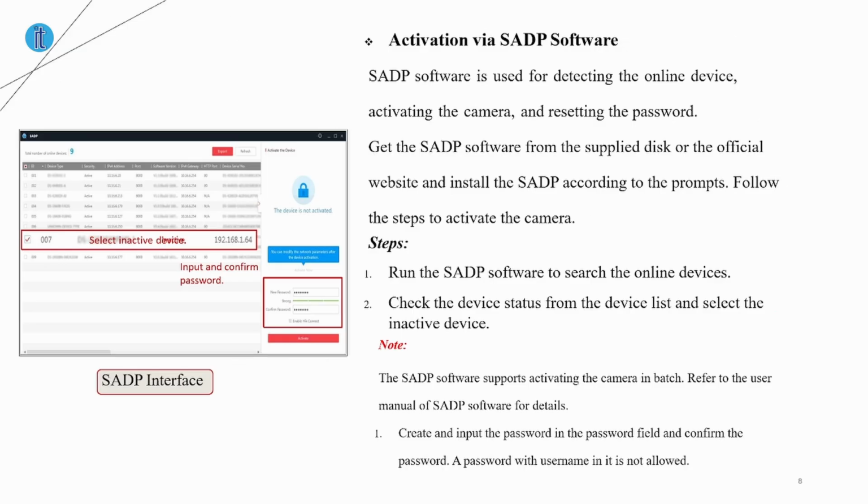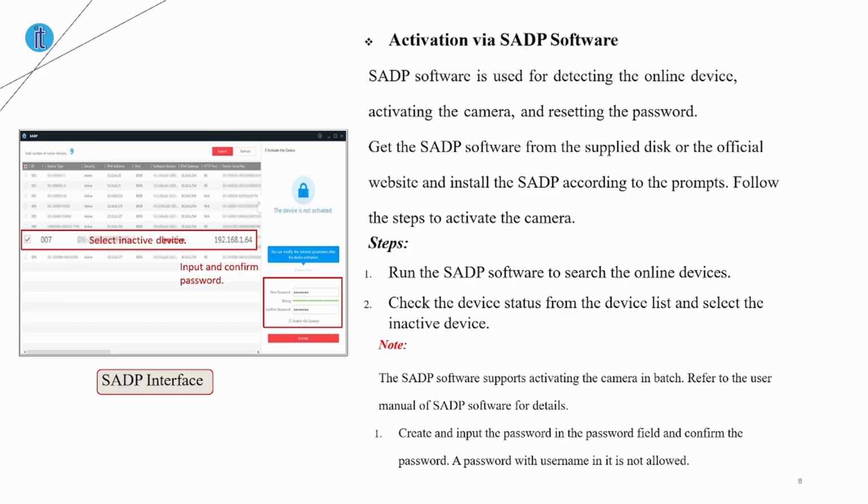Now, activation via SADP. Since we have talked about activation through the web interface, that is the web browser, your Internet Explorer, now we move on to SADP. How do you activate your Hikvision camera through SADP software?